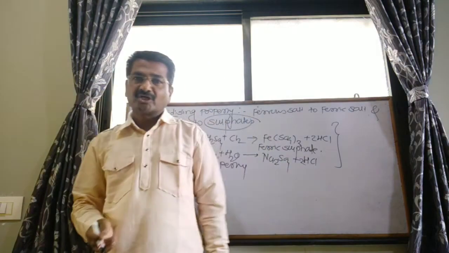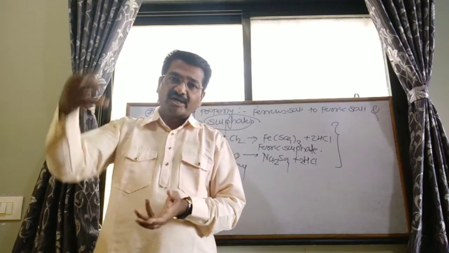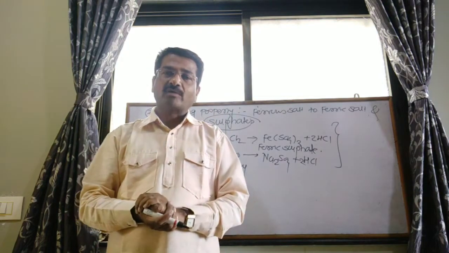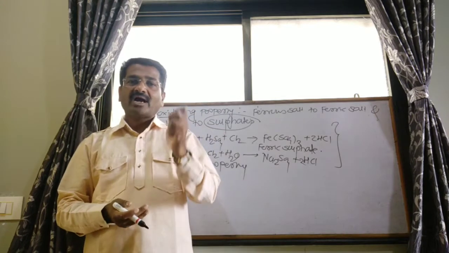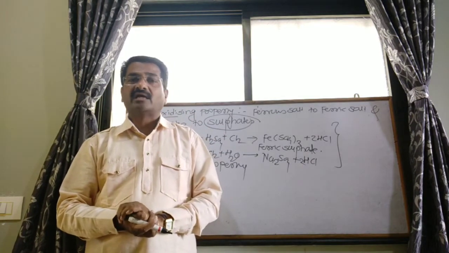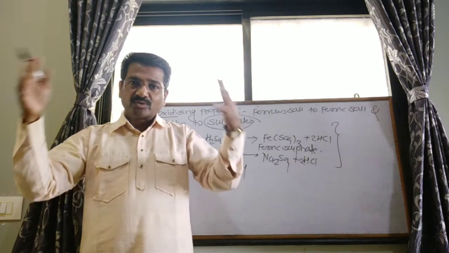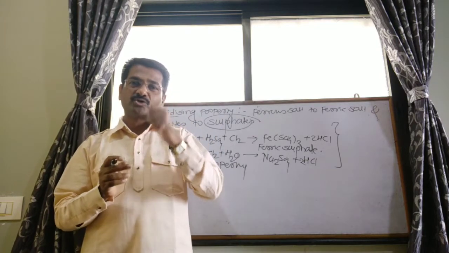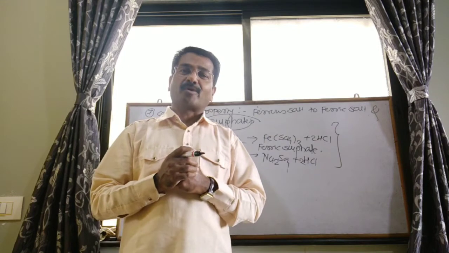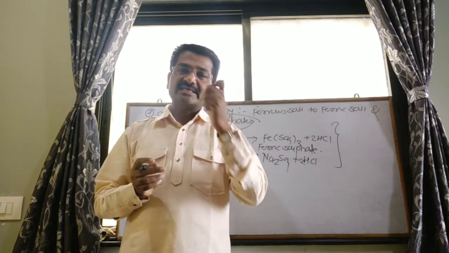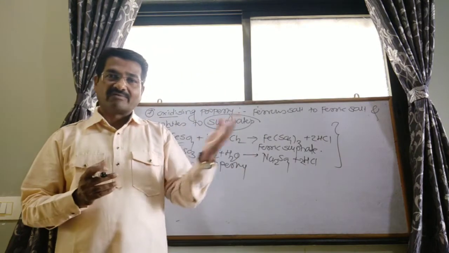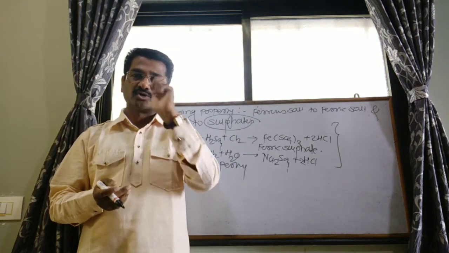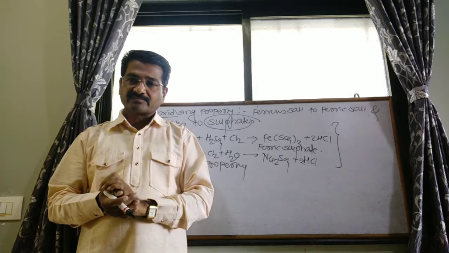Whenever chlorine is dissolved in water or moisture, it forms hypochlorite, and that hypochlorite is heated to form nascent oxygen, which acts as the bleaching agent. That nascent oxygen is used to convert colored organic matter into colorless.